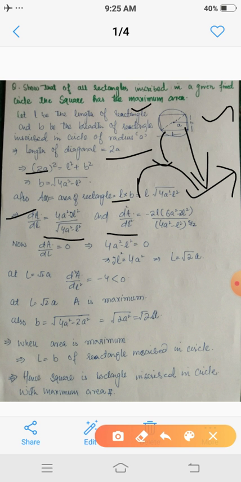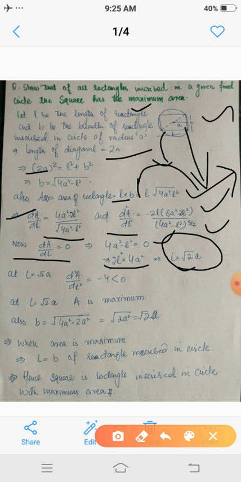Similarly, the double derivative, that is d2A upon dL square, is minus 2L into (6a square minus 2L square) upon (4a square minus L square) raised to power 3 by 2. Now for critical points, dA upon dL is 0, which implies 4a square minus 2L square is 0, or 2L square is 4a square, which implies L equals root 2 a.